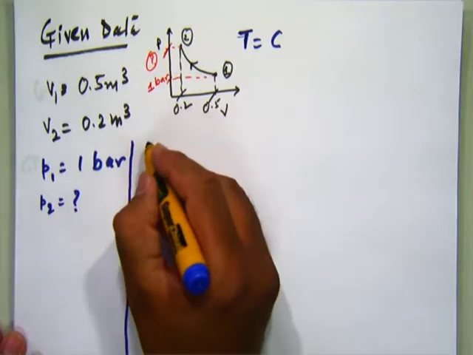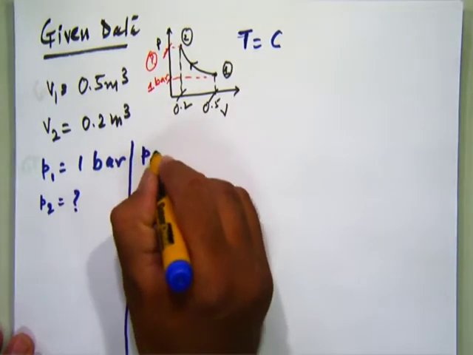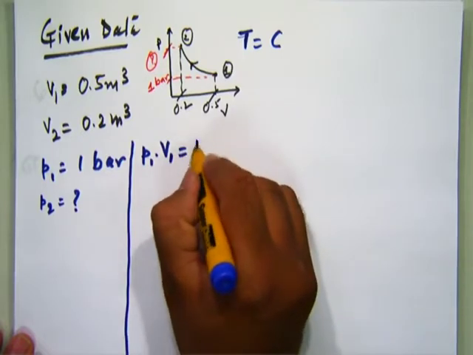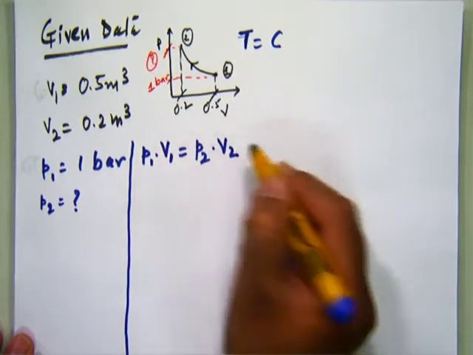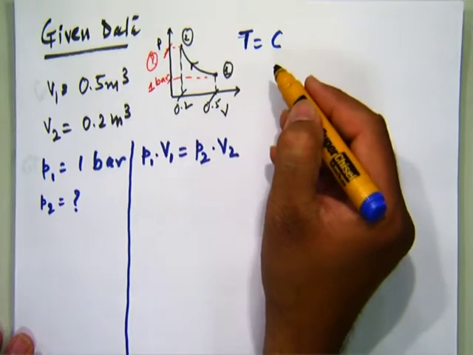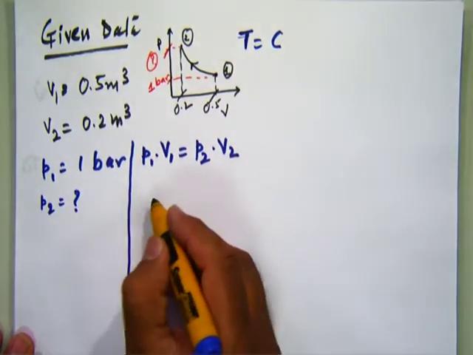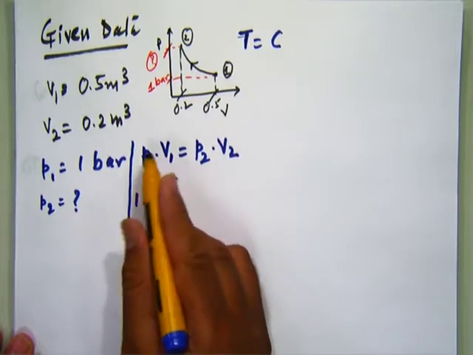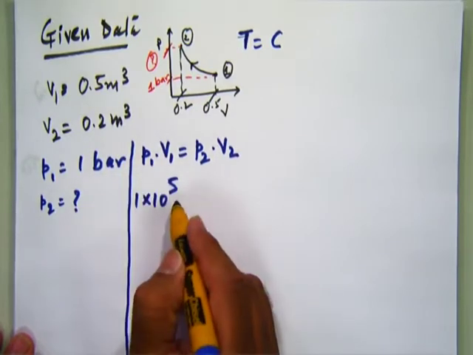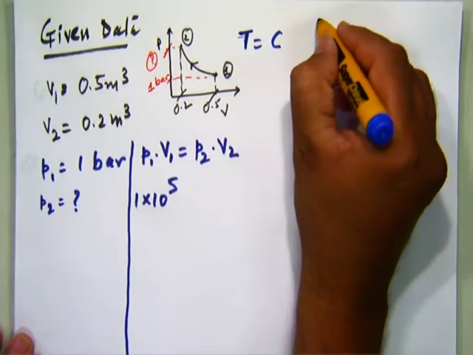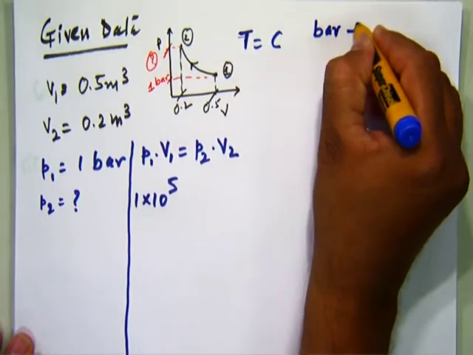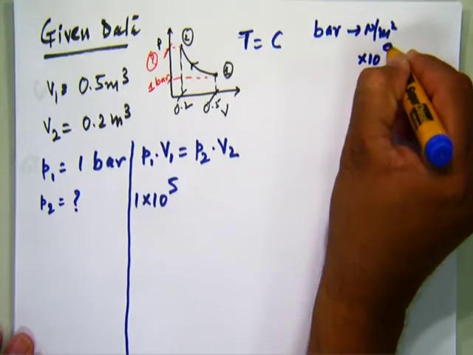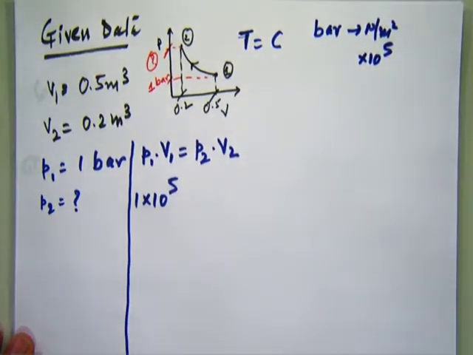See, P1 into V1 is equal to P2 into V2. This is known for our constant temperature process. So if you put the value 1 into 10 raised to 5, we have converted this pressure from bar into Newton per meter square by multiplying by 10 raised to 5.